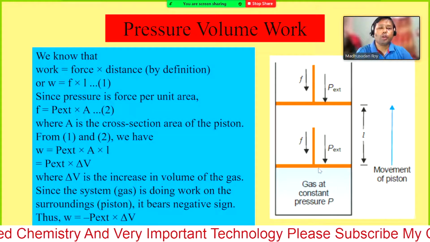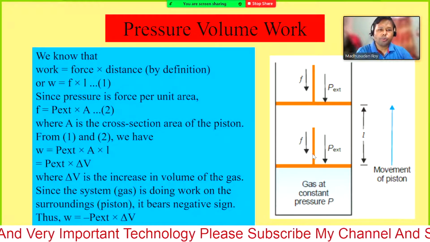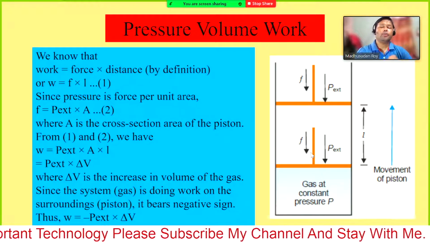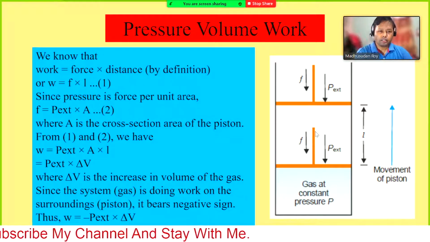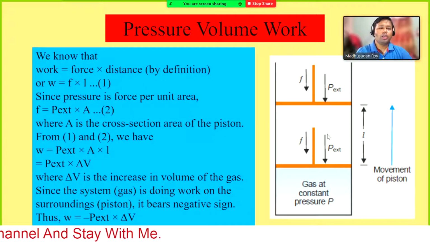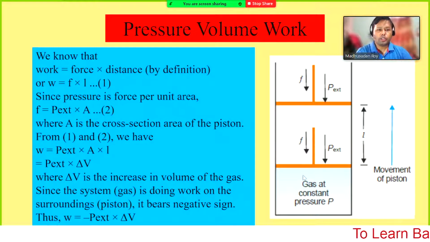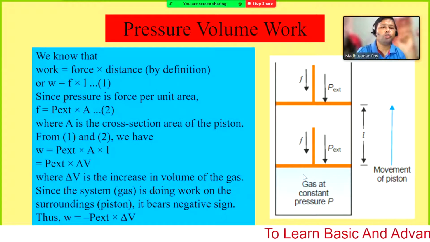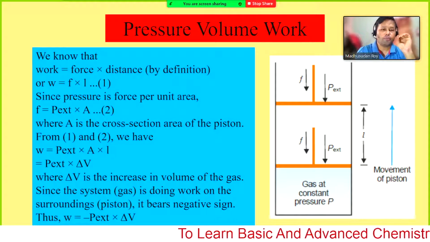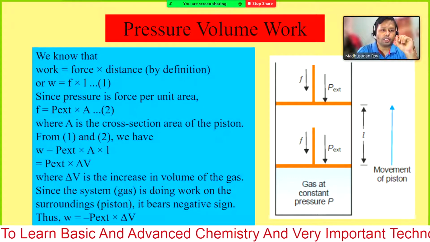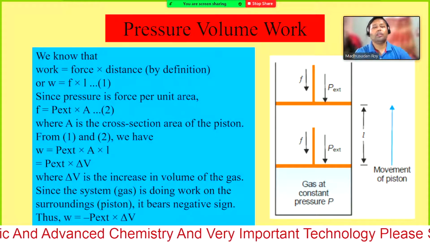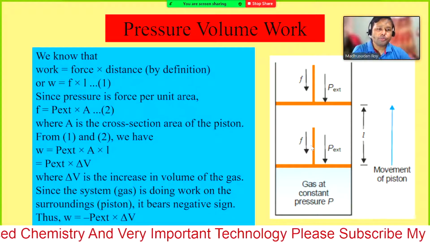So if you apply a very large force, the piston will exert this pressure over the gas, and the volume of the gas will decrease. Now if you apply a very small amount of force, in that case the volume change will be very small. Now let us consider how much work we are doing here.